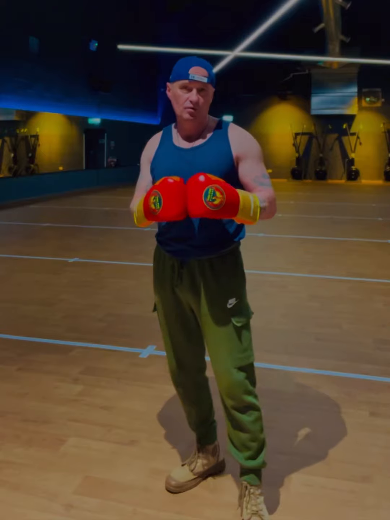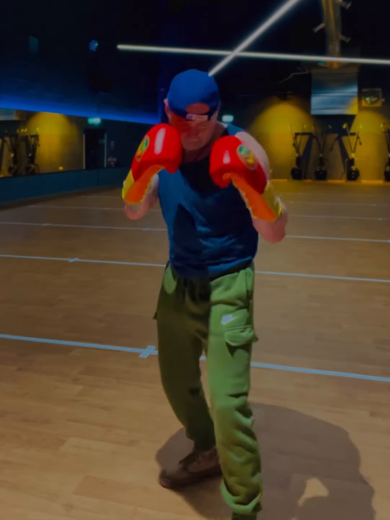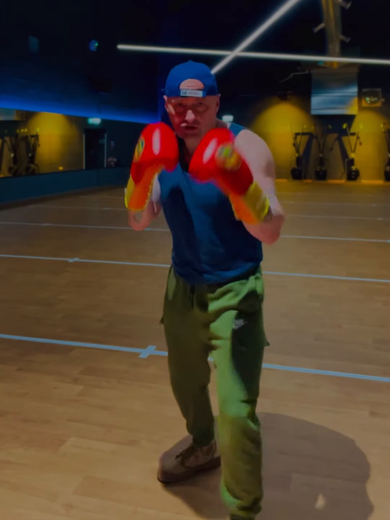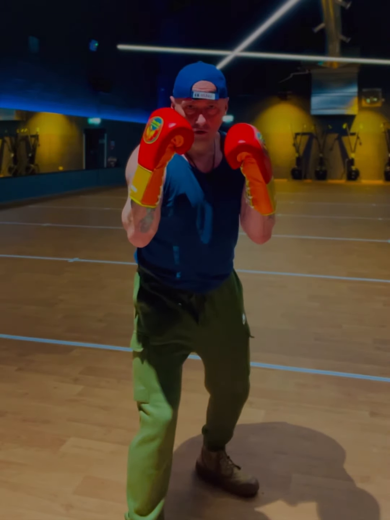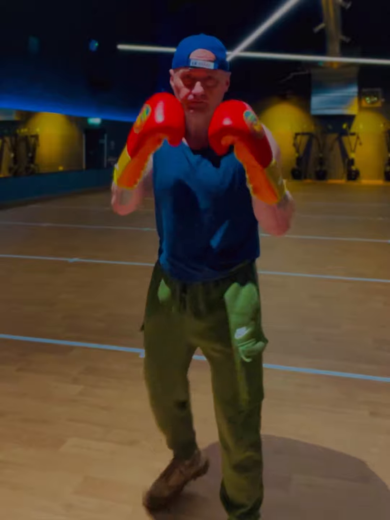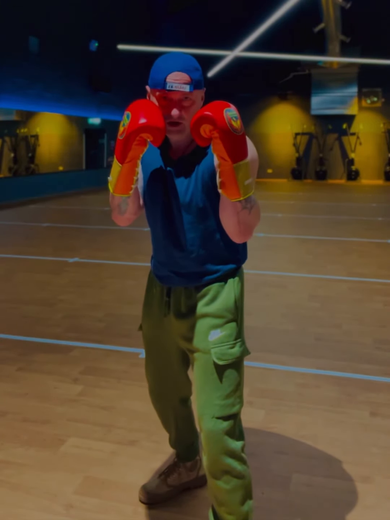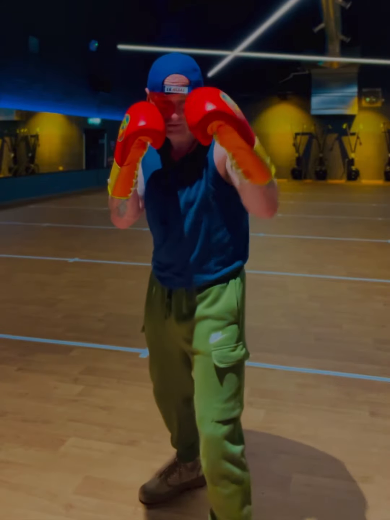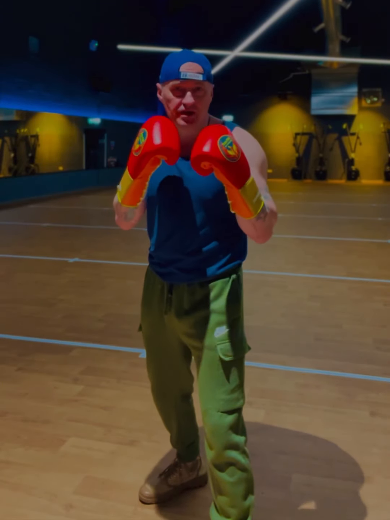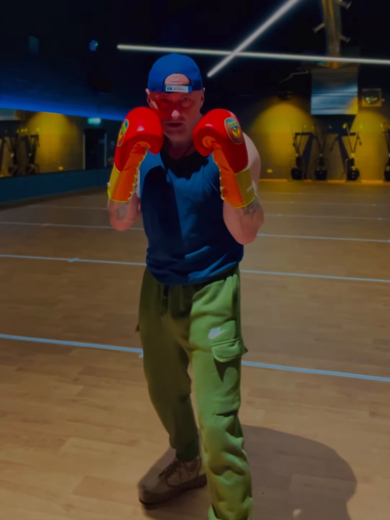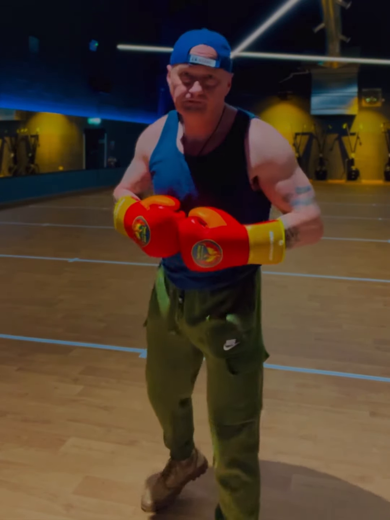Why is it the most important punch in boxing? Whether you're in the orthodox stance or in the southpaw stance, your front hand is the hand that is closest to the opponent. Therefore, it's the hand that has to travel the shortest distance to land on your target.